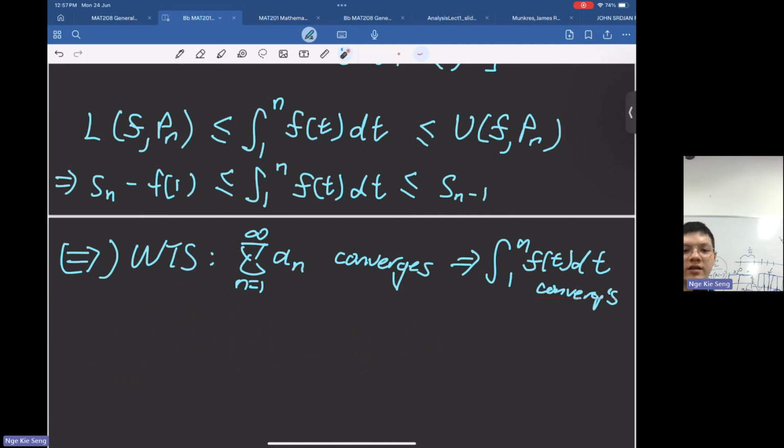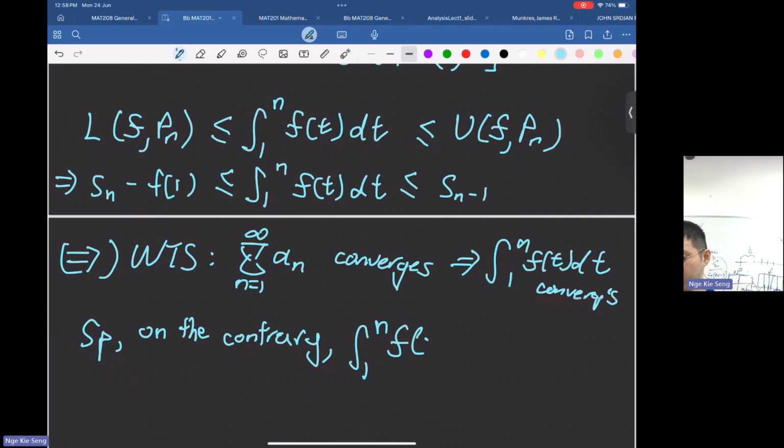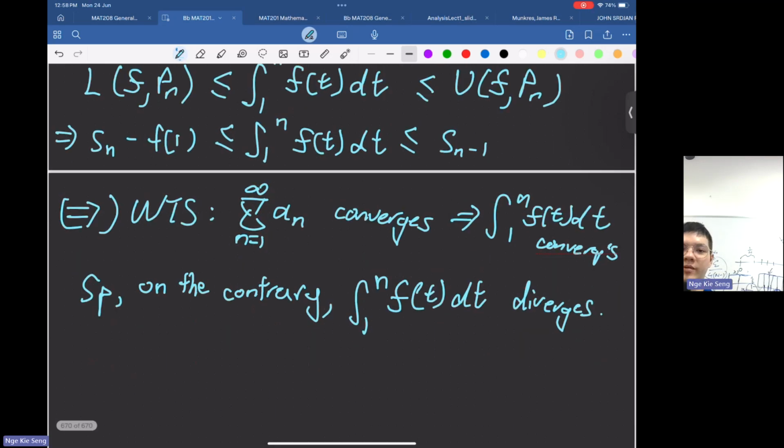So instead, we will use contradiction. Suppose, on the contrary, this integral diverges. So what do we mean by a sequence diverging?